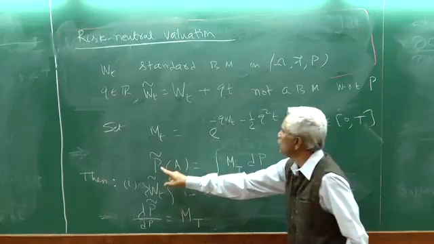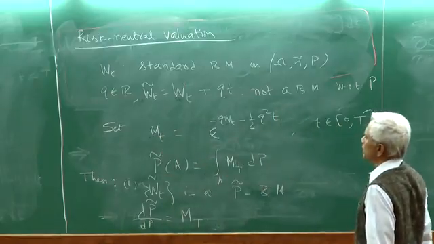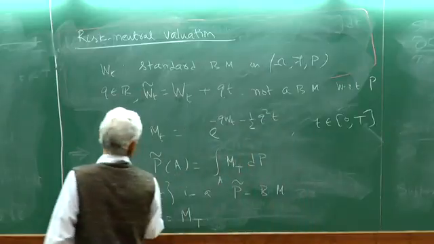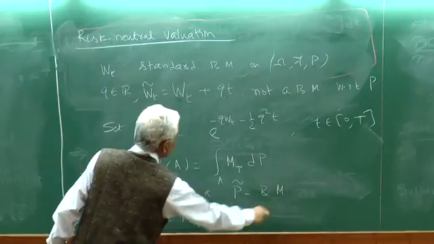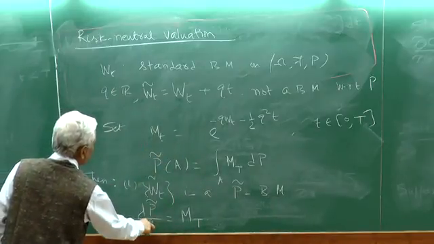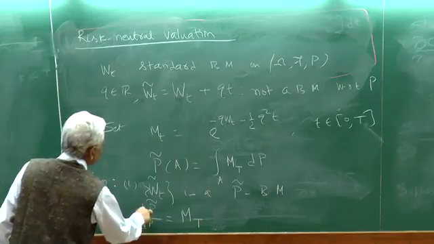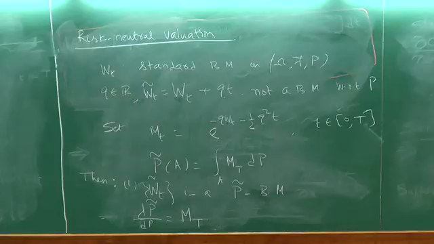Because M_t is a martingale, it consistently defines a measure, and you can show that W_t tilde is a P tilde Brownian motion, and the derivative of P tilde with respect to P is this M_t. This is called Cameron's theorem.